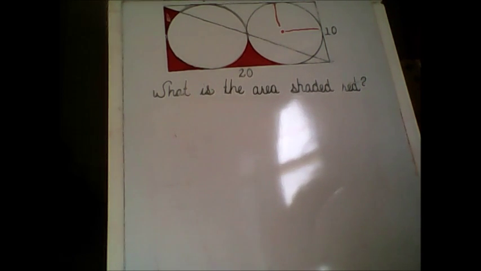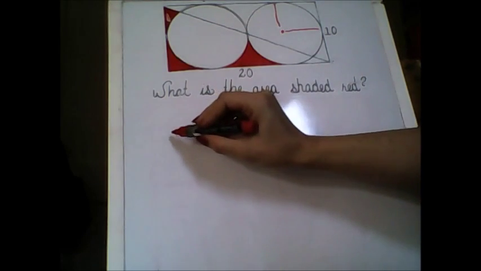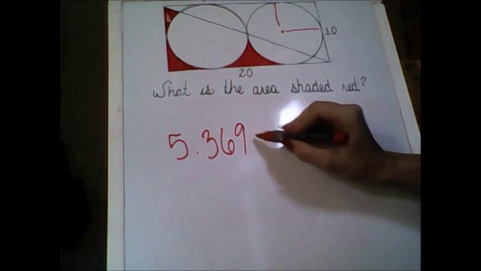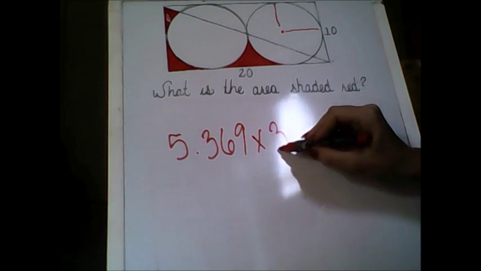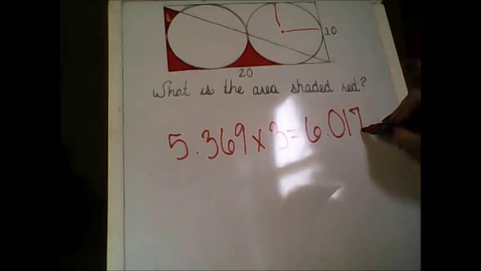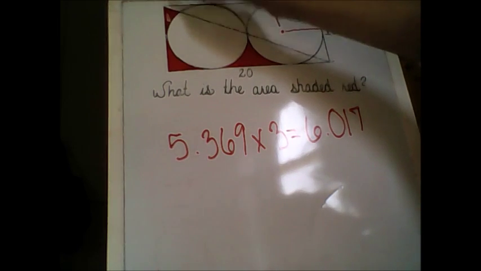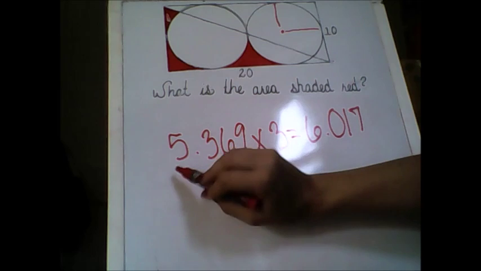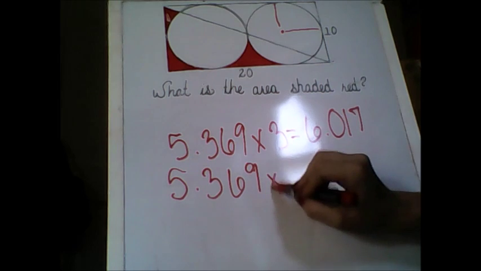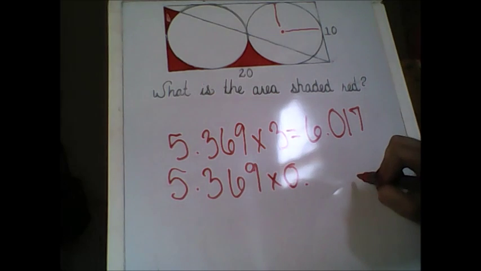Okay, because if you think about this, you have 3 corners, which is 5.369 times 3, which equals 16.017. All right, and then you know that you need another 2/3 out of a whole one of the corners. Okay, so 5.369 times 2/3, which is actually, I know this is 7 6s and a 7.